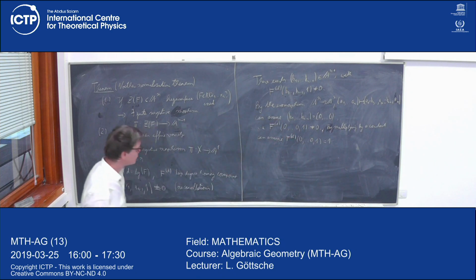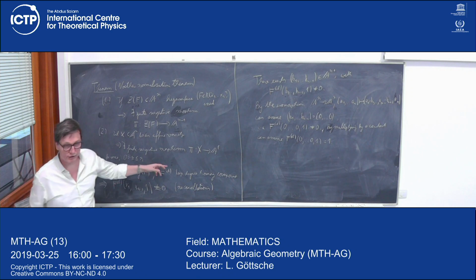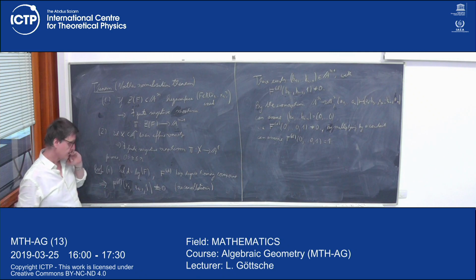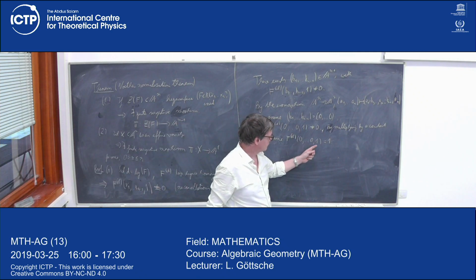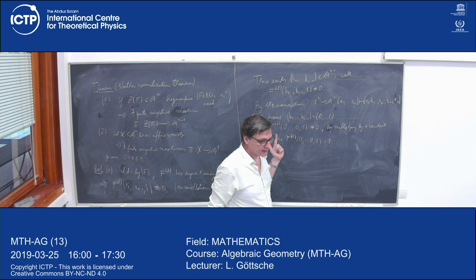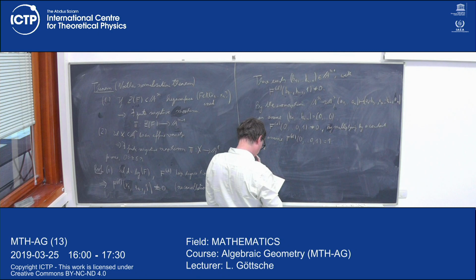What does that mean? This is the top degree homogeneous polynomial of f, and it has the property that if you put (0, ..., 0, 1) into it, the result is 1. So this means the coefficient of x_n to the d is equal to 1.